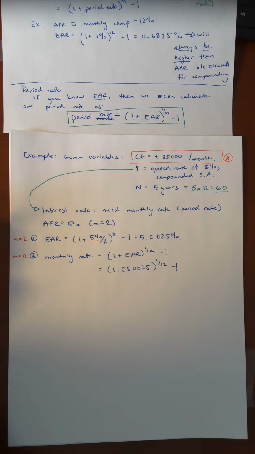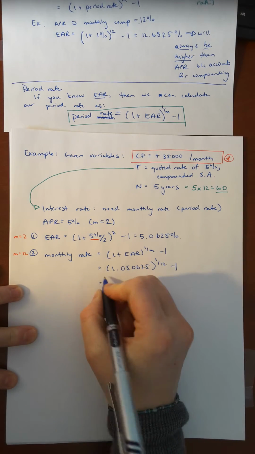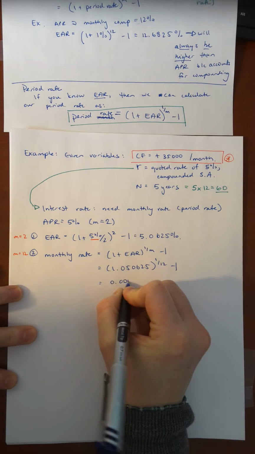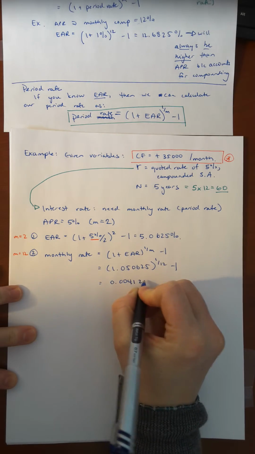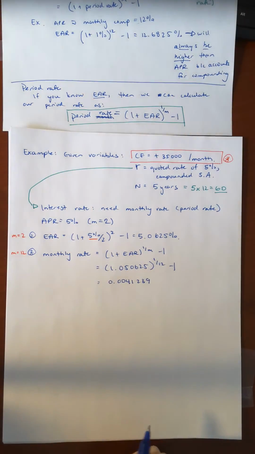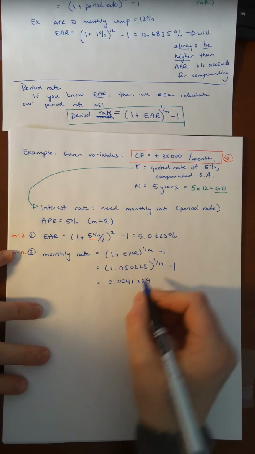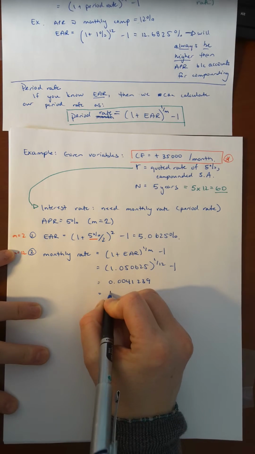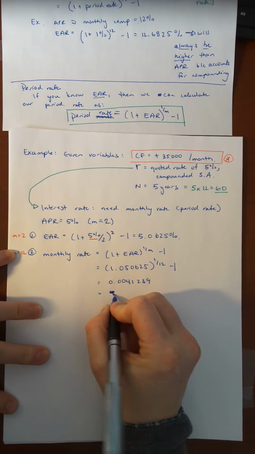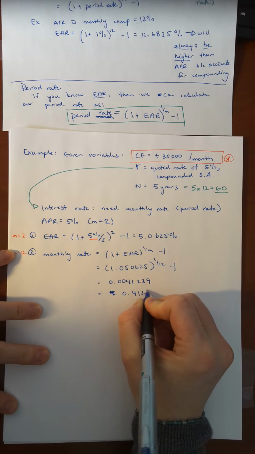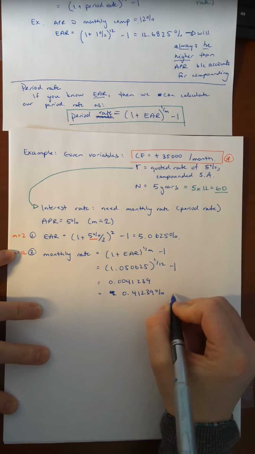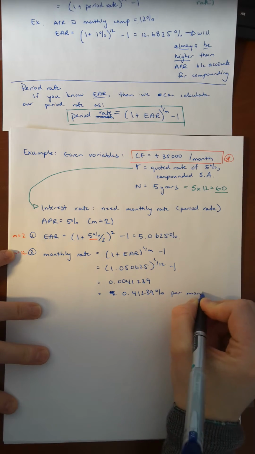I'm just going to run this into my calculator quickly. So the solution is 0.004129, or I could say 0.41239% per month.